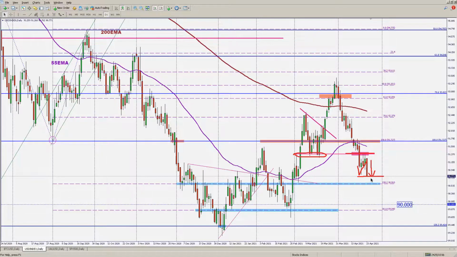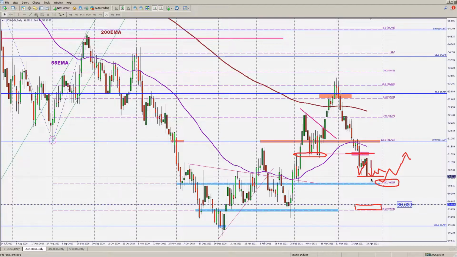So there could be a further continuation move into the 138 extension, but the critical support zone is going to be in this area at the 90 level and the 162 fib extension. So it needs to be able to recover from this area to bounce off here.